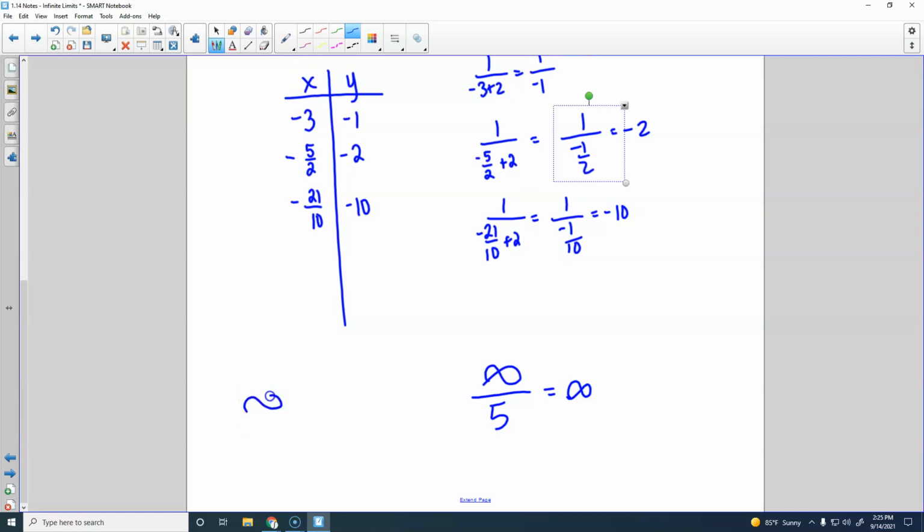Excellent question. No. Because you can't do it. That's another version of the indeterminate. It's like having 0 over 0. You cannot determine anything from it.